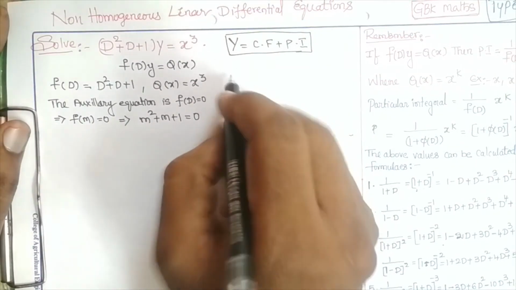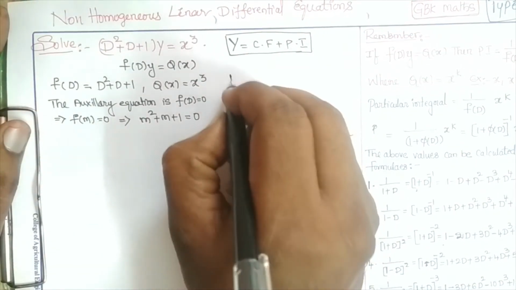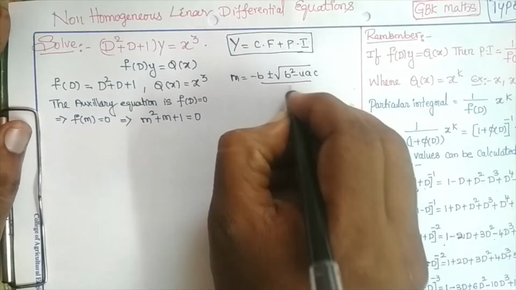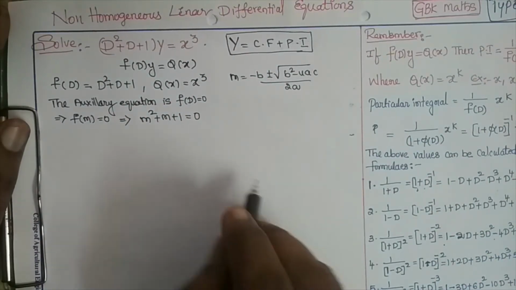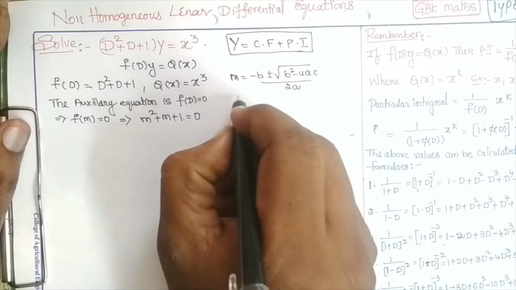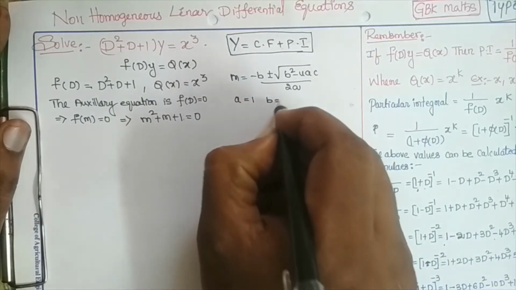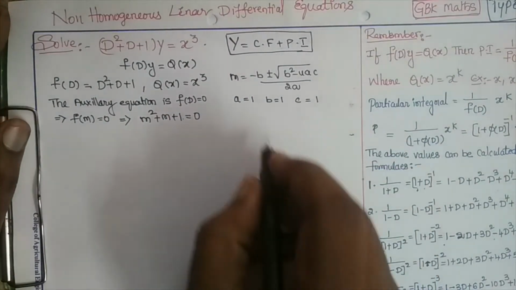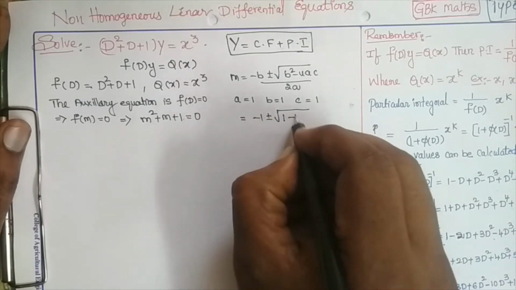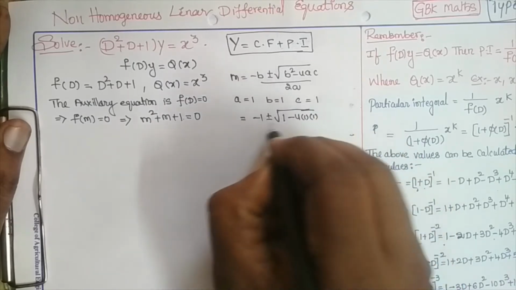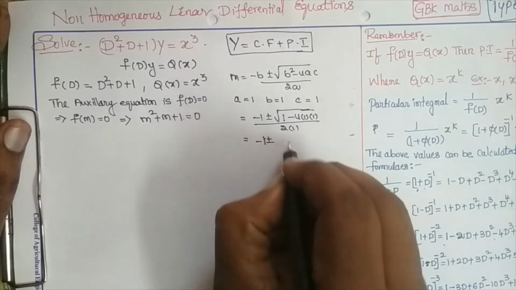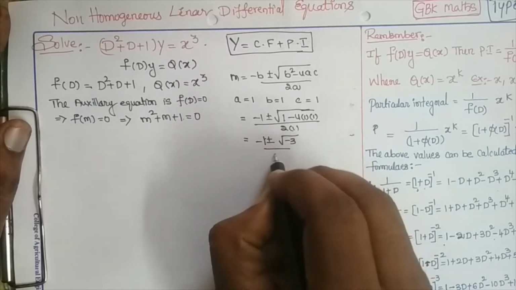Now we use a very basic formula, which all of you understand: m is equal to minus b plus or minus root of b square minus 4ac by 2a, for the form am square plus bm plus c. What is the value of a here? a is equal to 1, b is equal to 1 and c is equal to 1. Let us substitute: minus 1 plus or minus root of b square means 1, minus 4ac, a means 1, c also 1, by 2 into a. So minus 1 plus or minus root of minus 3 by 2.